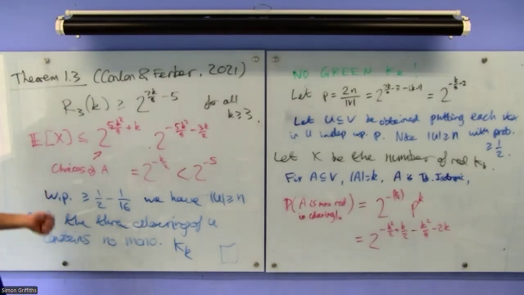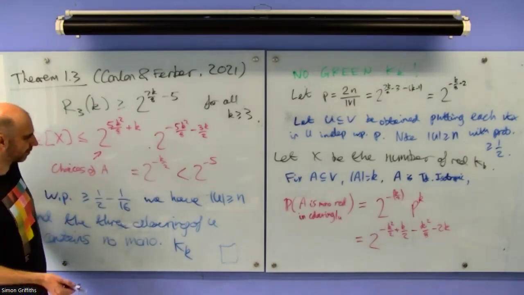The probability of having a red one is at most 2 to the minus 5 by this calculation, and similarly for blue.